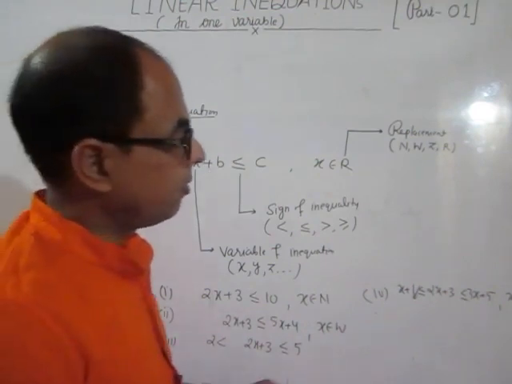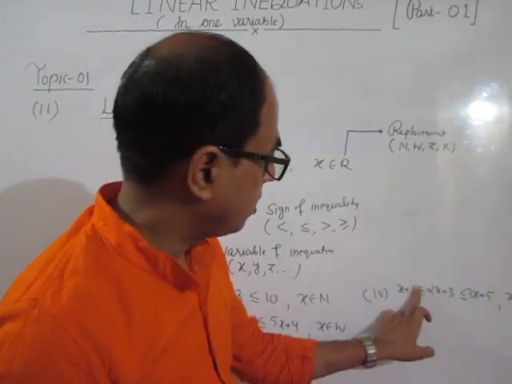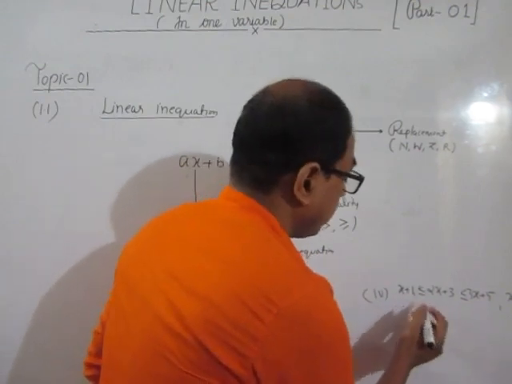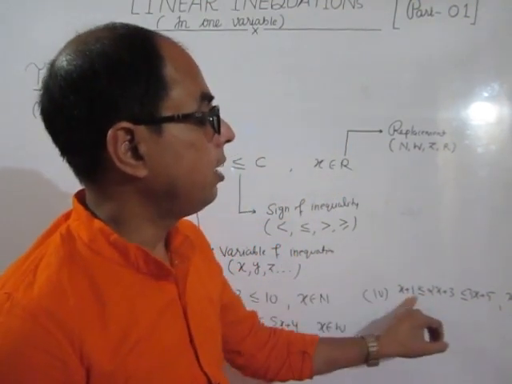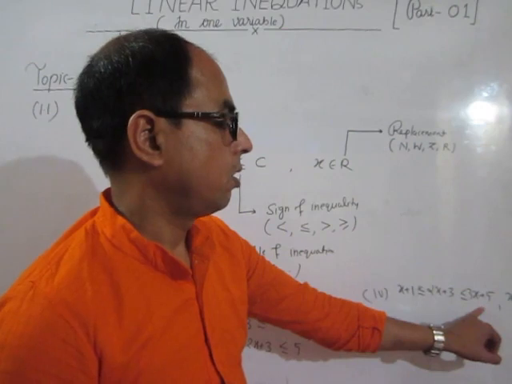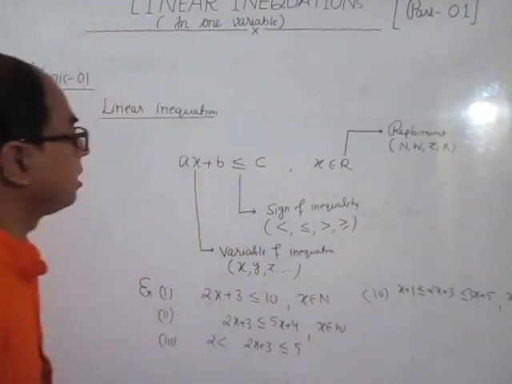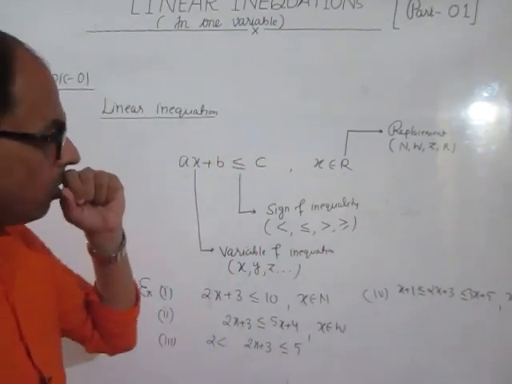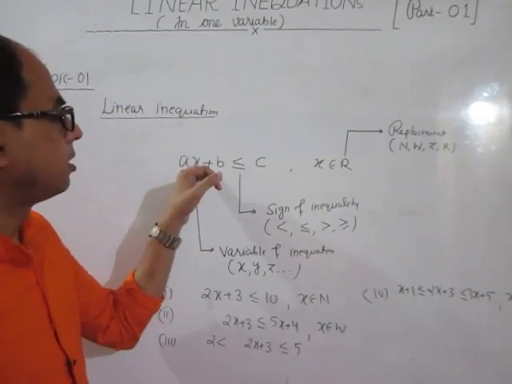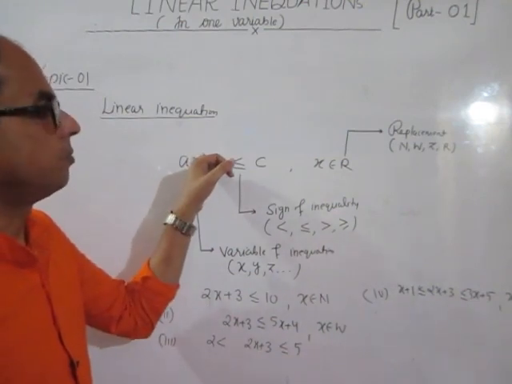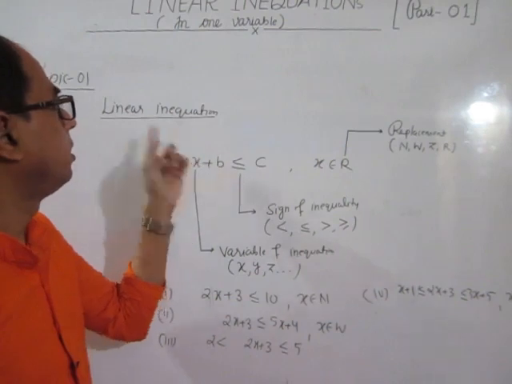Why? Here we are comparing three linear expressions. So have you got the meaning of linear inequation? Why is it called linear? Because here the power of the variable is 1, and that's why this is called linear inequation.